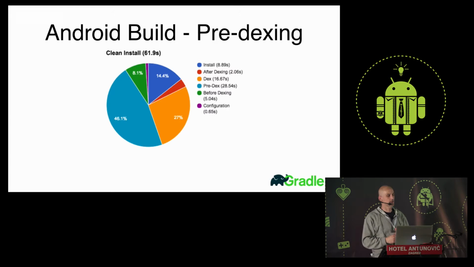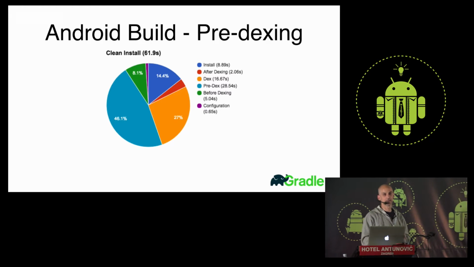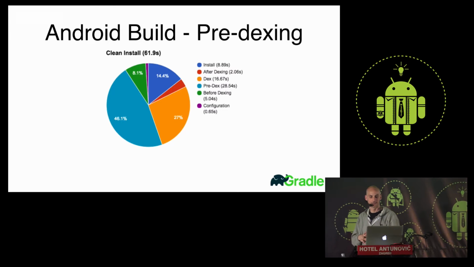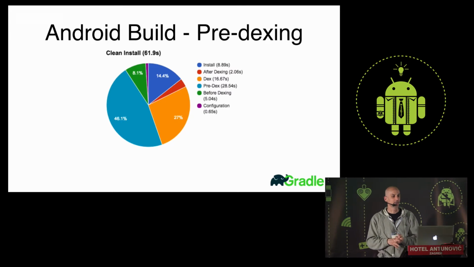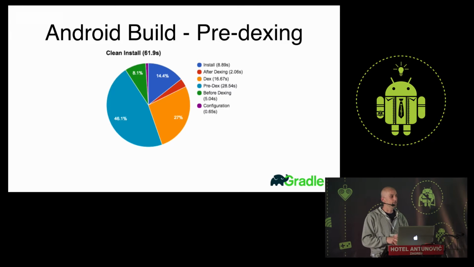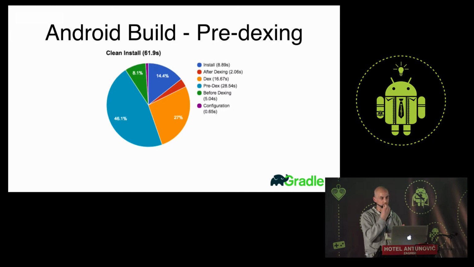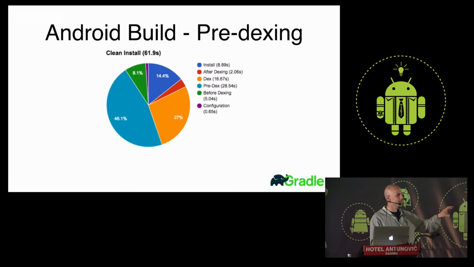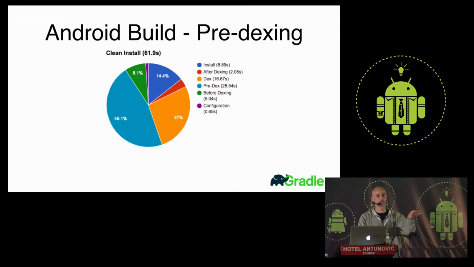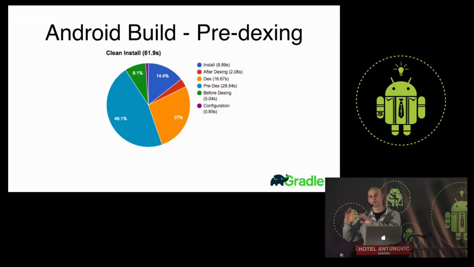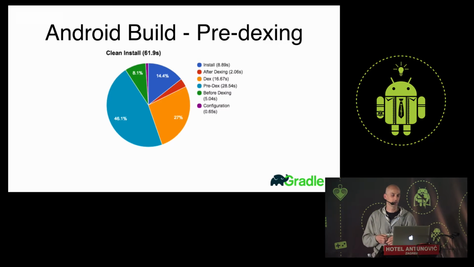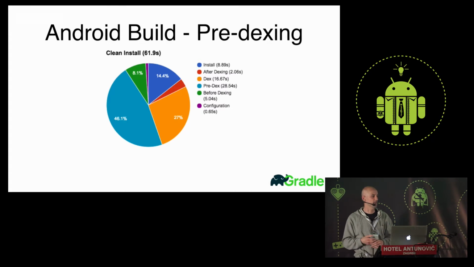If you do a clean install, what the Android plugin has to do first is dex all your dependencies. So not your own code, but the dependencies you are using, depending on the tooling version and so on. And that takes time. That's why when you do a clean install, it's almost half the time here.